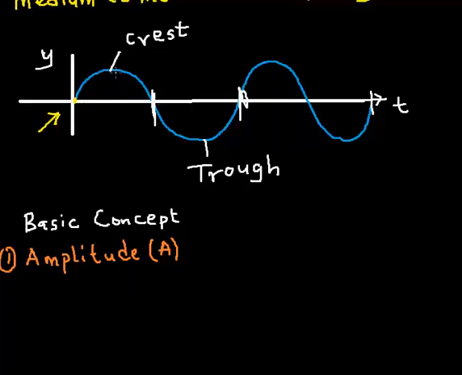Let me draw that from this graph. From this point to this point is the amplitude. From this point to this point is also the amplitude, right? And of course it's measured in meters.